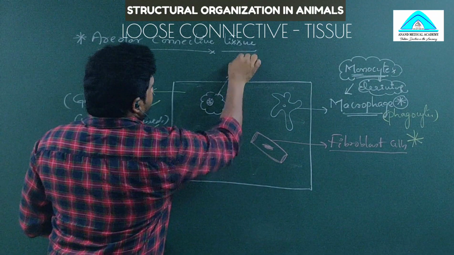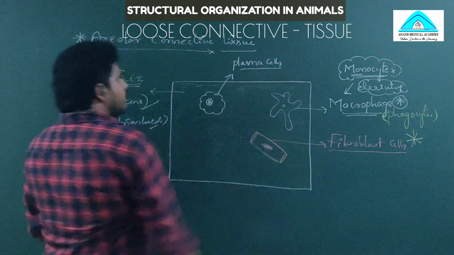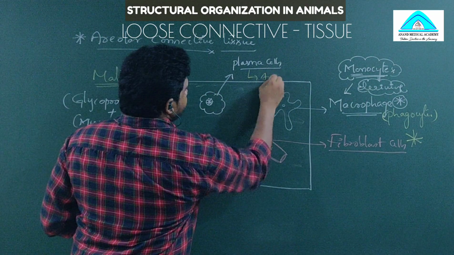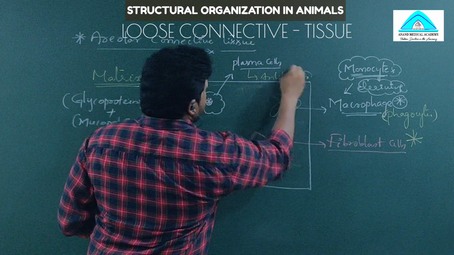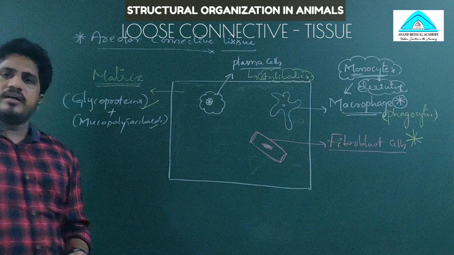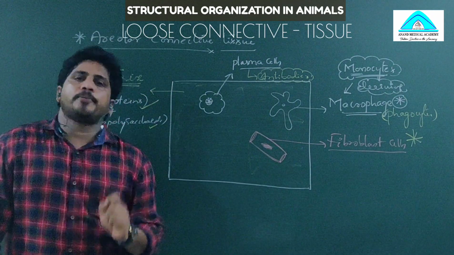Next, another type of cell. They are called plasma cells. These plasma cells are producing antibodies. Antibodies are produced by plasma cells. In future classes you will come to know what exactly antibodies are. Now I can say antibodies are glycoproteins.